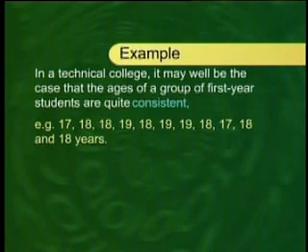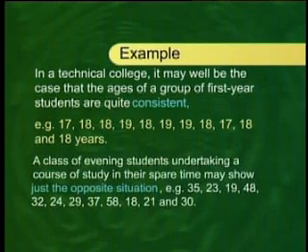On the contrary, a class of evening students undertaking a course of study in their spare time may show just the opposite situation as far as the ages of these students are concerned. For example, their ages may be 35, 23, 19, 48, 32, and so on.